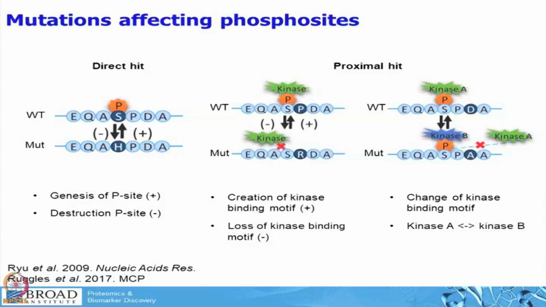Again, it can also go the other way around. Or it can also happen that you just change the kinase sequence motif. In the wild type, it was kinase A that recognized this motif, and now due to a mutation, this motif changed into another motif that can be recognized by kinase B. These are the simplest examples of these kinds of events that we are looking at.